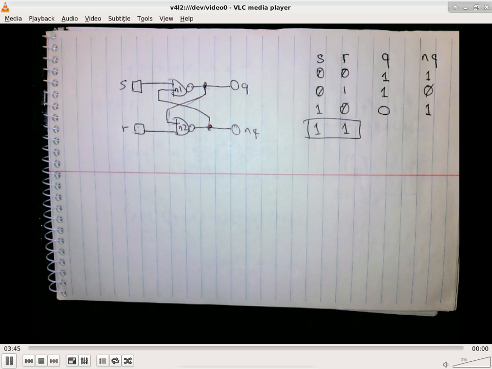On the other hand, if NQ was a 0 to begin with, before you get to the 1, 1 of SR, this wire will also be a 0 going back into N1. Well, that would make Q guaranteed to be a 1. So the only thing you can guarantee is that Q and NQ are opposites of each other. But which one is a 1 and which one is a 0? We don't know.